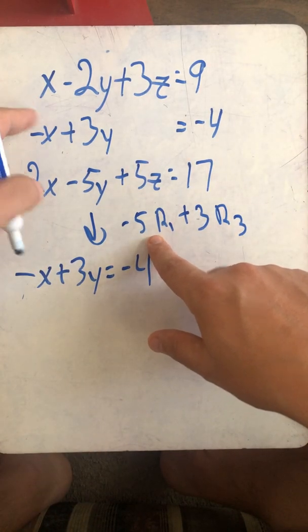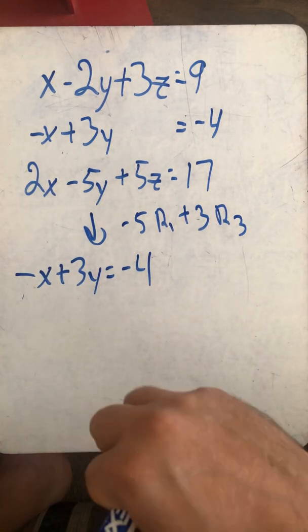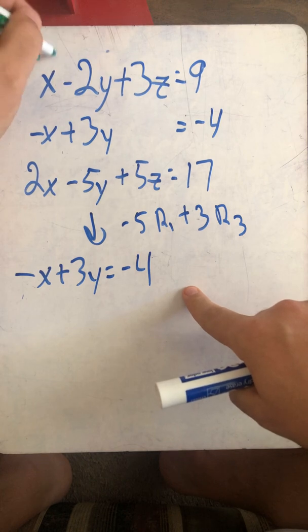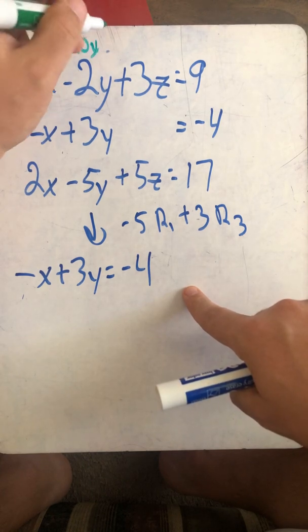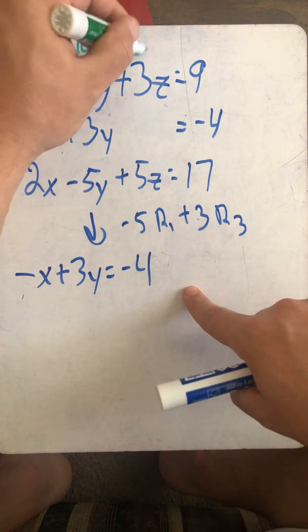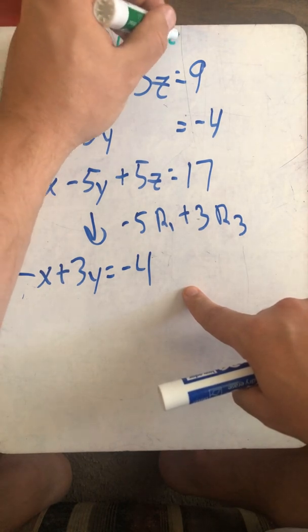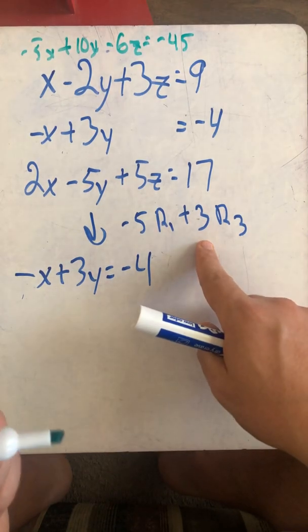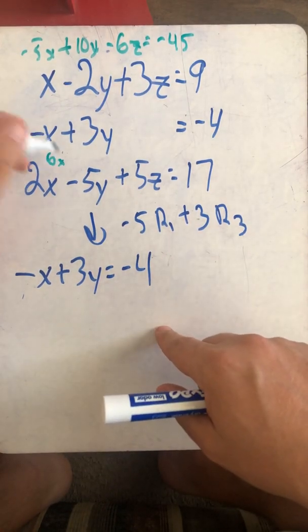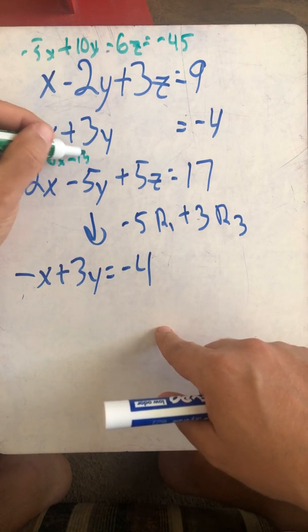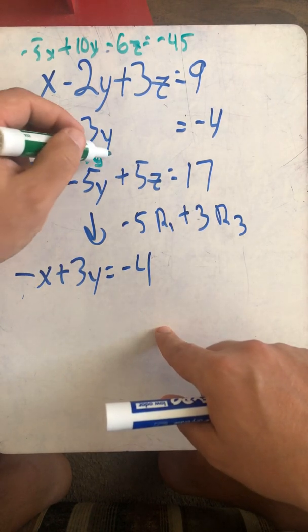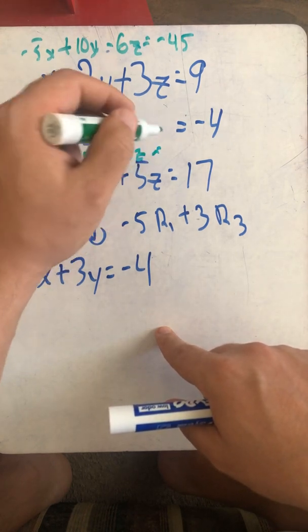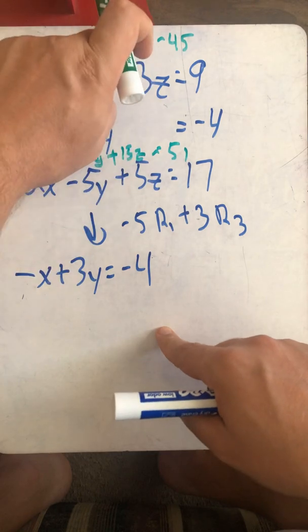So we have -5x plus 10y minus 6z equals -45. 3 times row 3, 6x minus 15y plus 15z equals 51. And I got to go back up here and fix this.